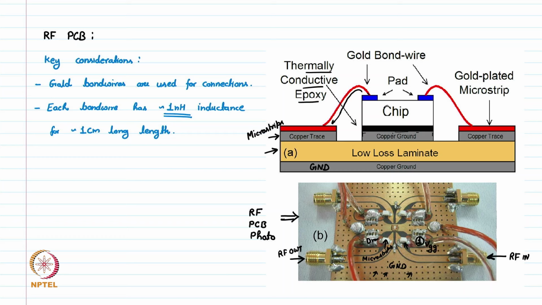If the wire length is typically 1 centimeter, then we get around 1 nanohenry of parasitic inductance, which is undesirable and significantly degrades the performance of the RF PCB.